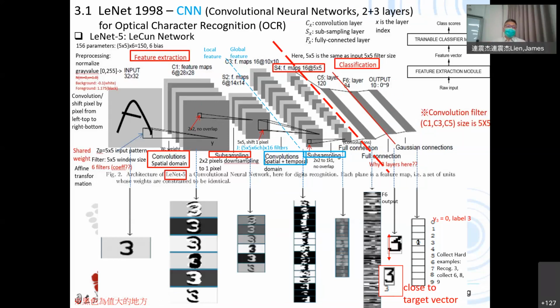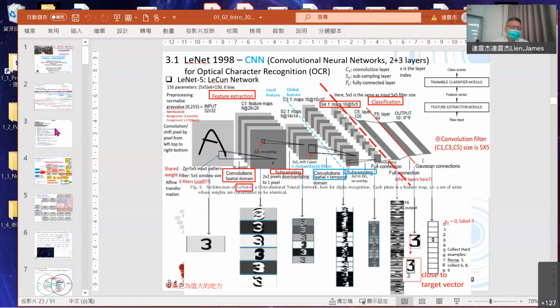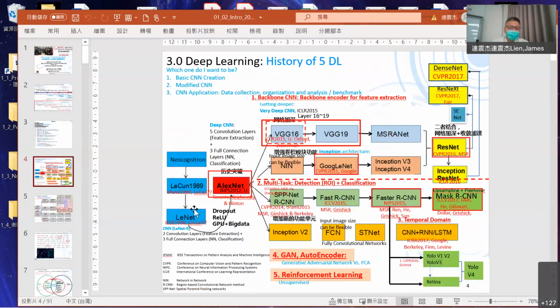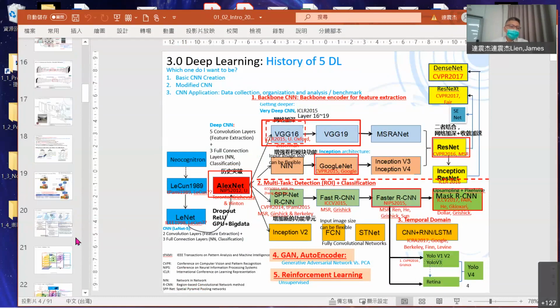So before there's a convolutional network, we talk about this one. I explain this one. Almost the first paper talk about deep learning. Okay, so I explain this one in details.